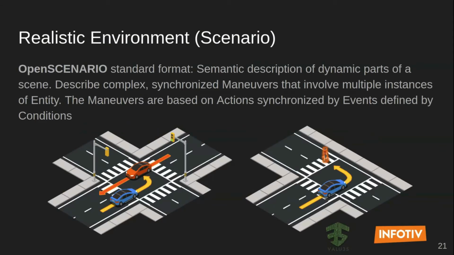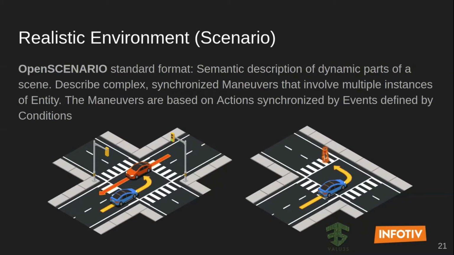Now that we described the road, we can describe the driving behaviors of actors. For example, you can describe how cars are maneuvering within the road. Basically, OpenScenario has a sort of event-driven programming in which different events trigger actions.